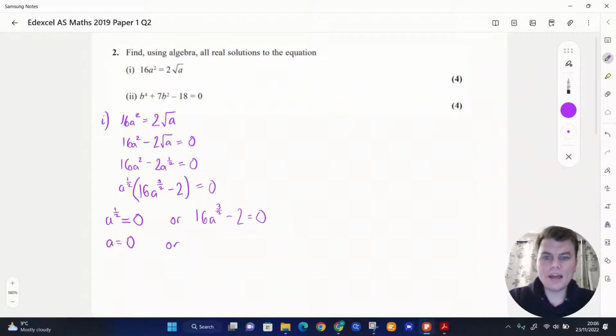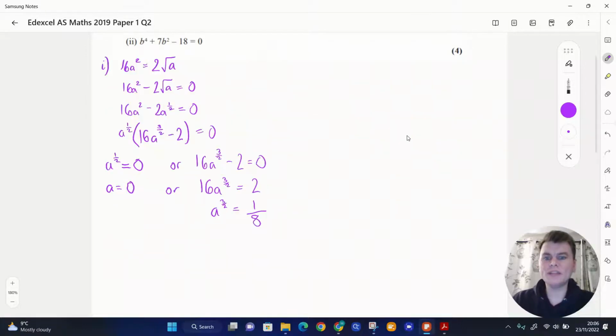So I'm going to add the 2 and divide by 16. So we get a to the 3 over 2 equals 1 over 8.